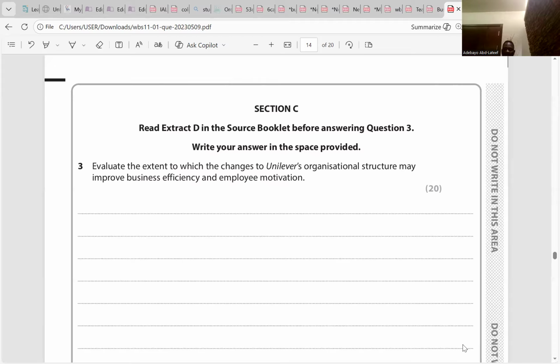Using a flat structure will reduce costs for Unilever, which may in turn increase its profitability and allow it to have a competitive advantage over its competitors. When you reduce hierarchies, most of those you are no longer paying are those that receive higher pay, so it reduces your cost on wages.